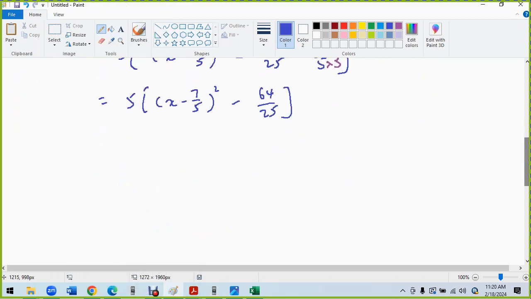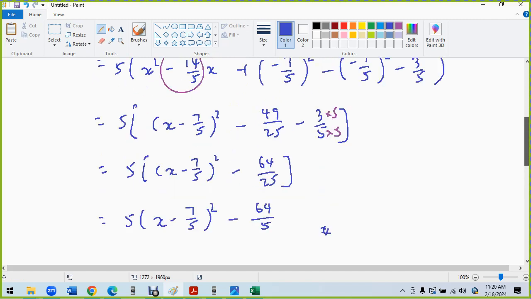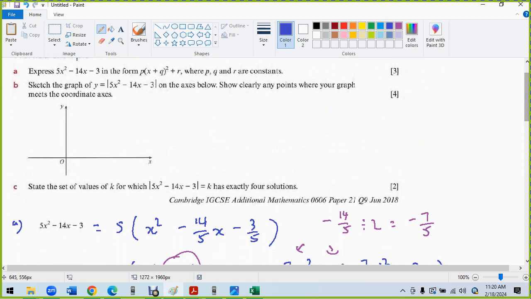So we have 5 times x minus 7 over 5 squared minus 64 over 5. If I want to check the answer, it will be very easy.